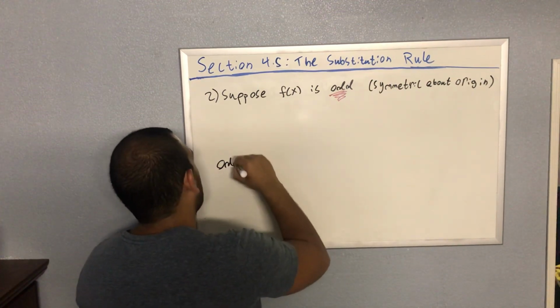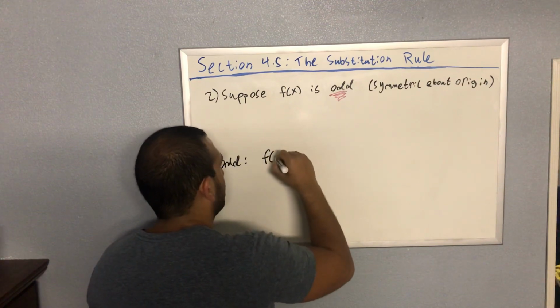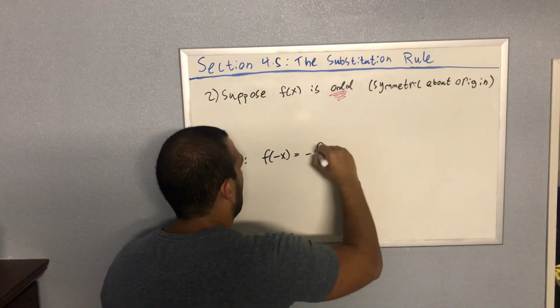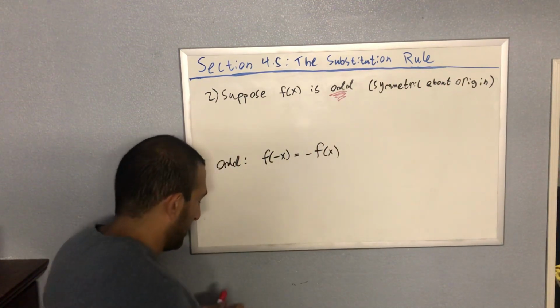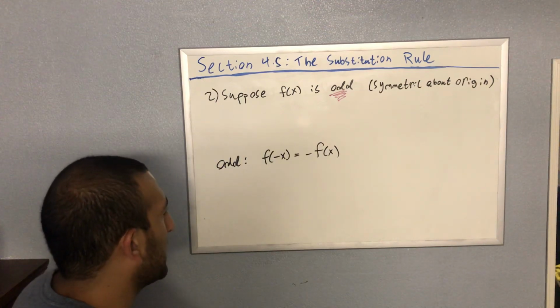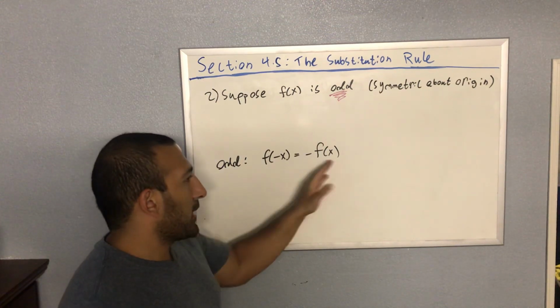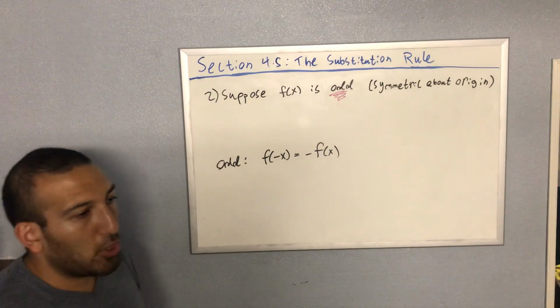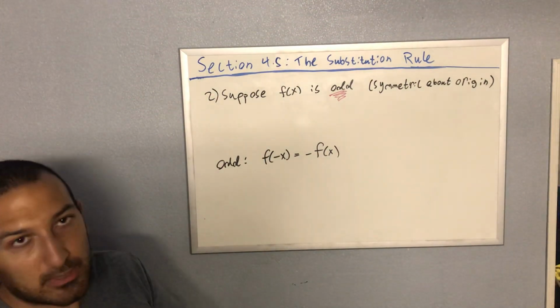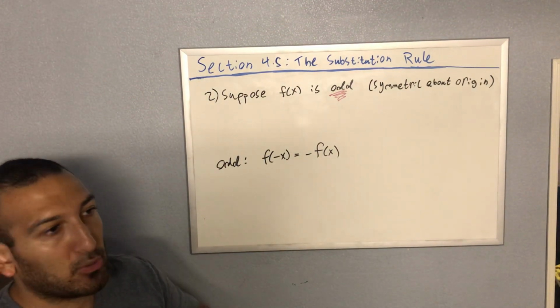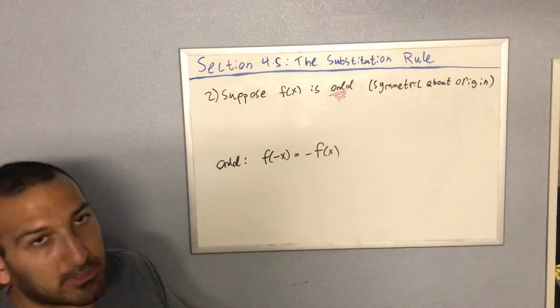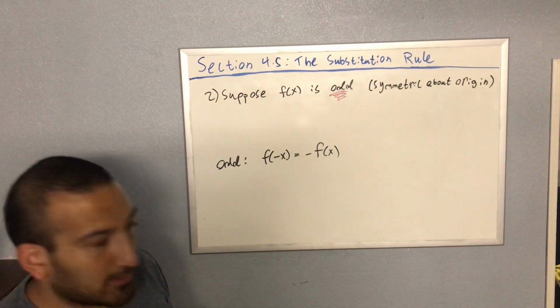So the definition of odd is this. This means that a number and its negative have outputs that are opposite in sign. So the inputs are opposite and so are their outputs.